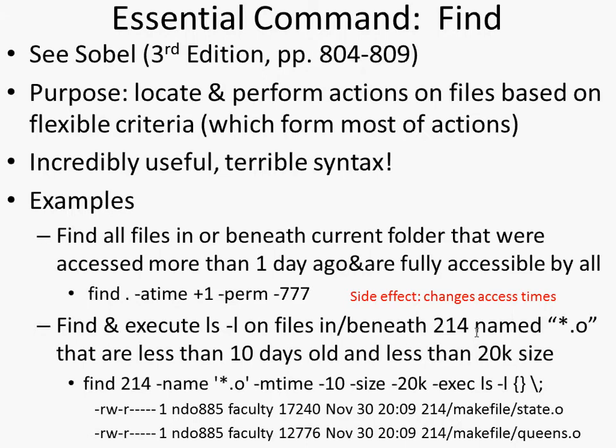So let's unpack that first. So these are the criteria, -mtime -n. So this is the last modified time is less than 10 days, and the unit of this is days. The size is less than 20K, hence -size -20K, just like this was -10, less than 10 days. And I want to find all .o files, so I have a criteria for the name .o. Why do I have these quotes there?